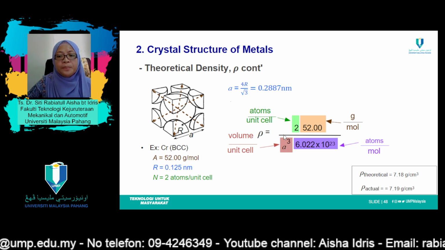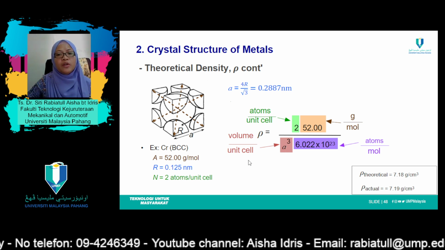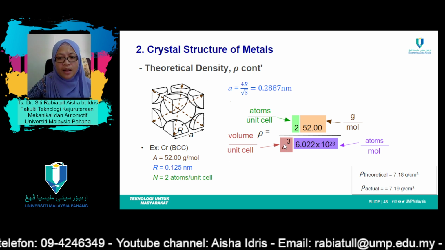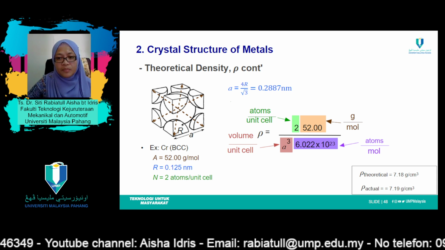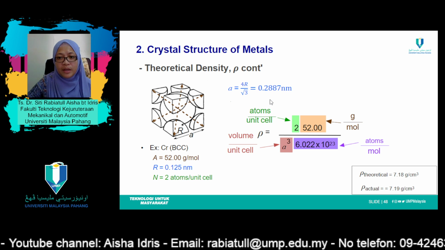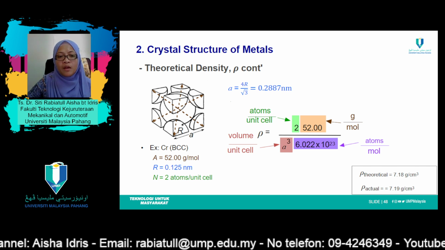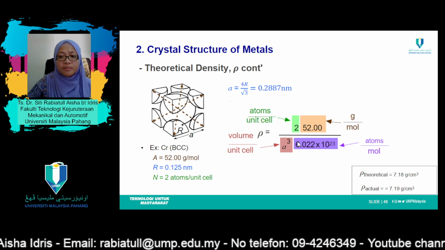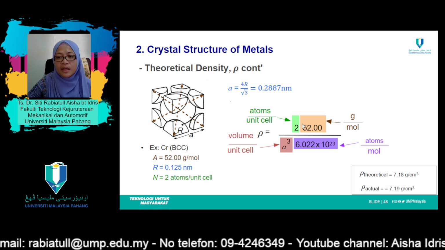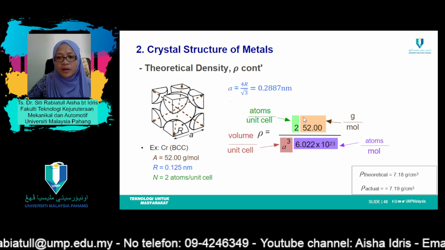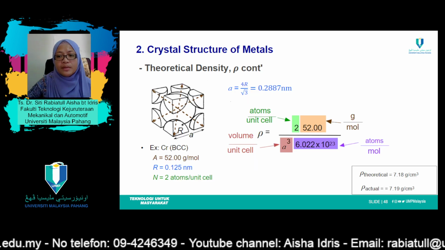Rho equals; the unit for volume per unit cell is a cubed, always a cubed. Substitute the value of a into this, times Avogadro's number just now. The upper part is the mass of atoms in the unit cell.